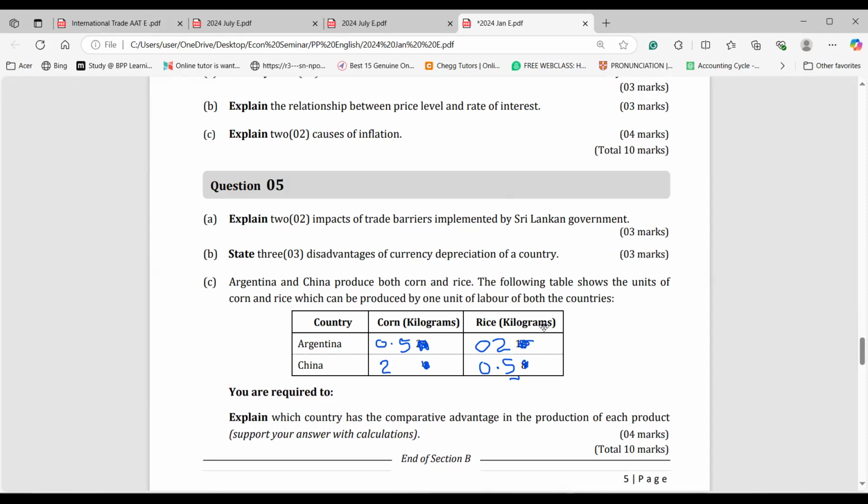Therefore, Argentina has comparative advantage in the production of corn.